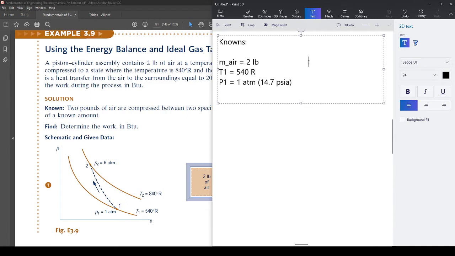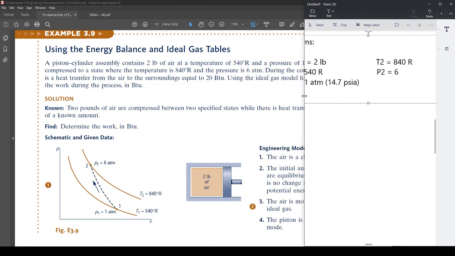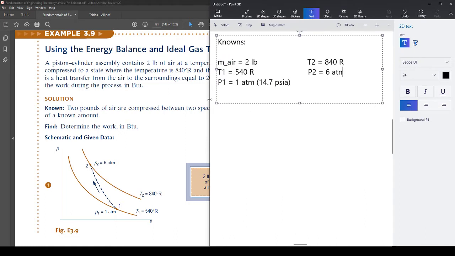One other thing we've been given is that it was compressed. So we know that the pressure had to have increased, and we also know that the temperature had to increase. So we were given temperature 2 is equal to 840 Rankine, and pressure 2 is equal to 6 atmospheres, I'm pretty sure is what it said. 6 ATM, which is just 6 times our first one.